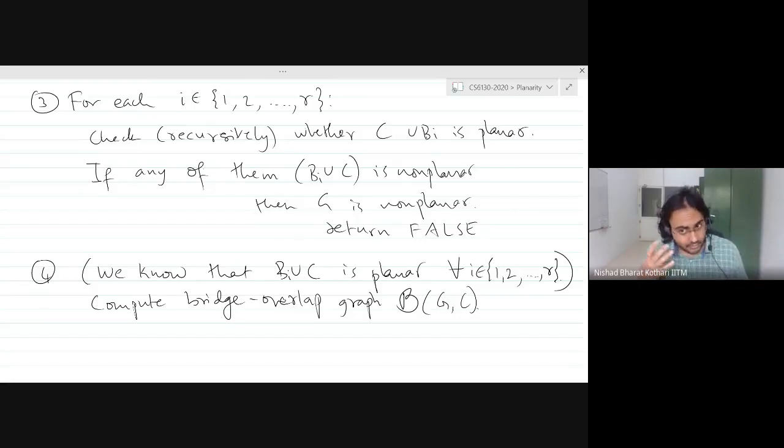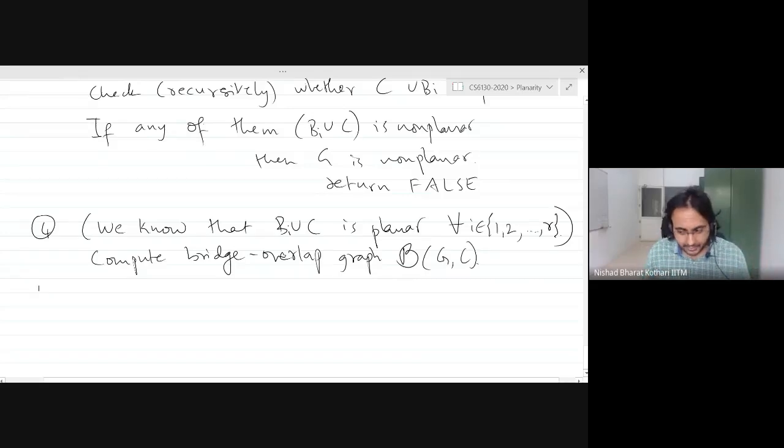So we construct this graph, which is easy to construct. It's not difficult. You know all the bridges, you know all the vertices of attachment. Just find out which ones overlap and put an edge between them if they overlap. Nothing too difficult so far. Computationally, nothing difficult.